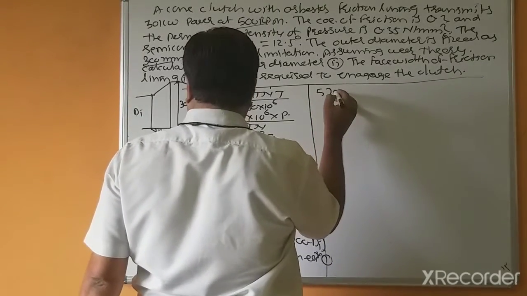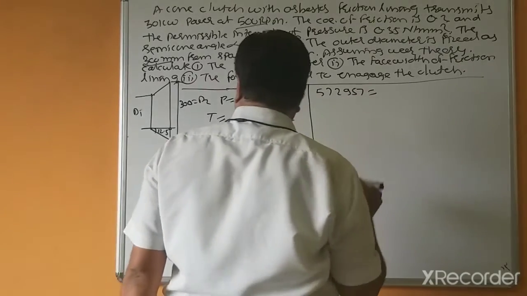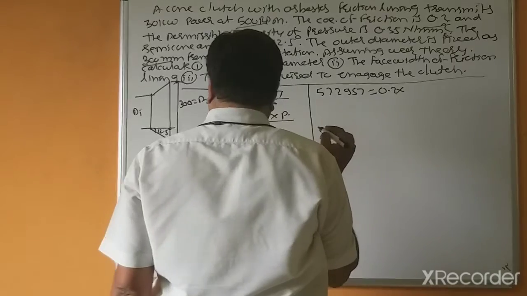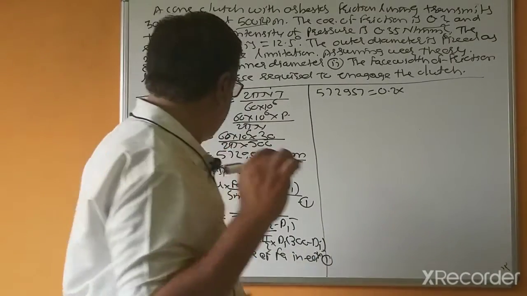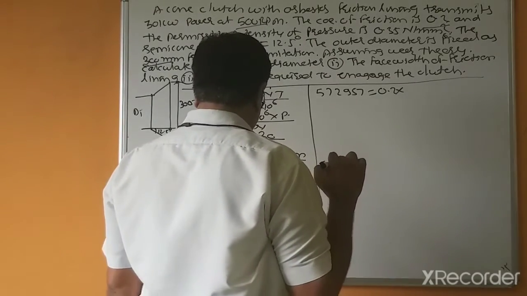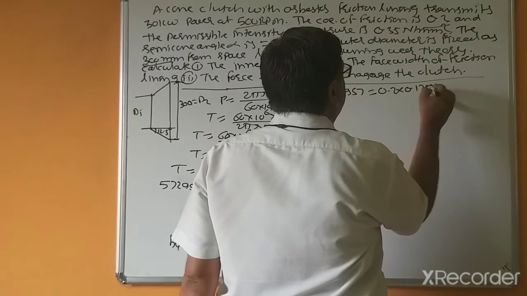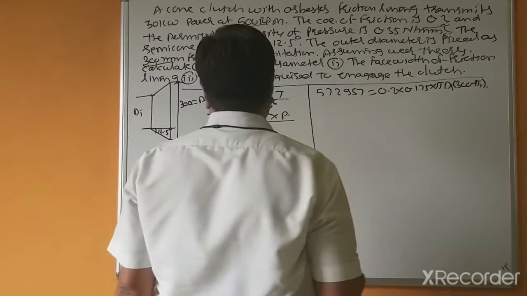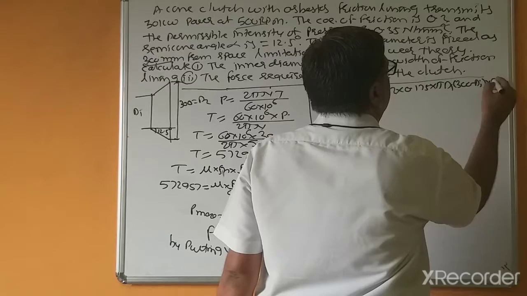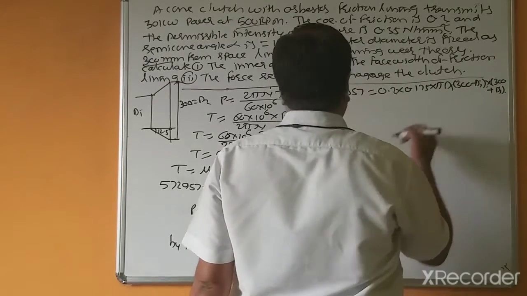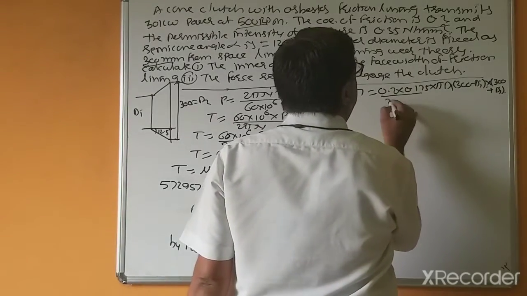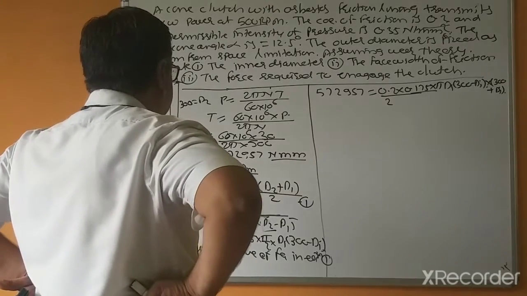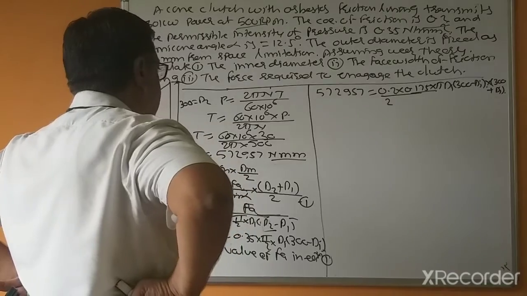So 572,957 equal to mu equal to 0.2, and instead of Fa we are putting 0.175 multiplied by pi into d2 squared minus d1 squared, divided by 2.